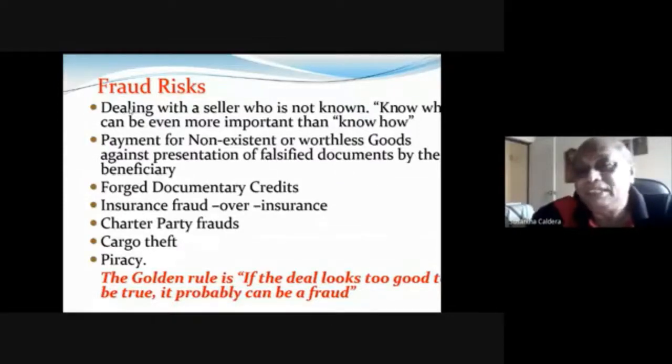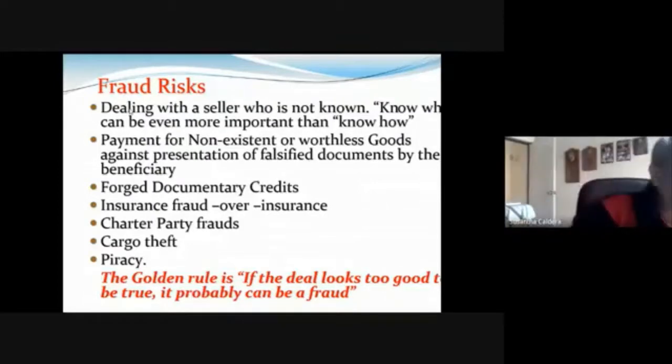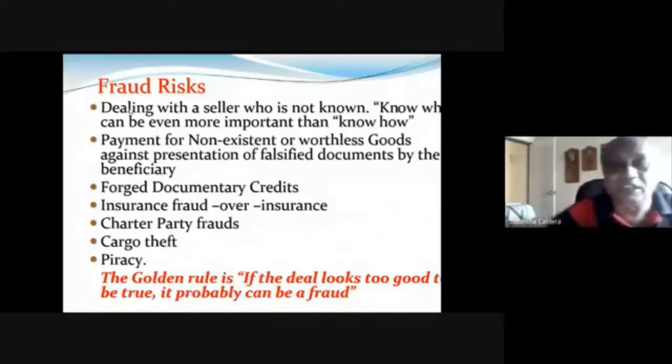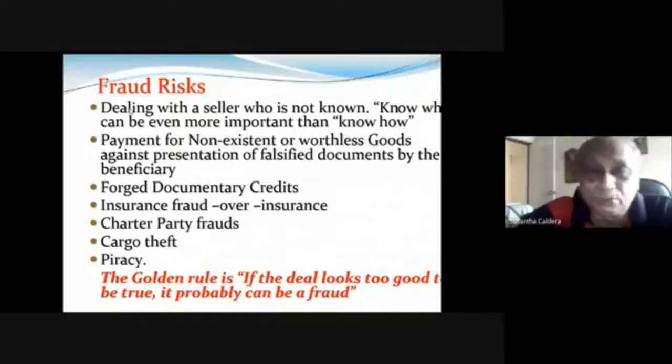Then payment for non-existent or worthless goods against presentation of falsified documents by the beneficiary.